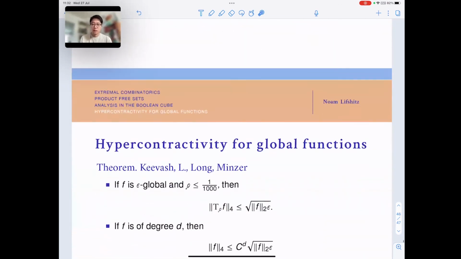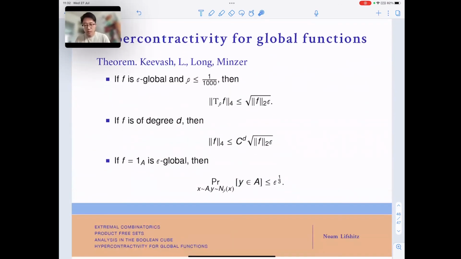And what we prove is that once we assume this globalness notion, then we can get all the consequences we want. So if f is epsilon global, then we get this inequality. If we plug in the two norm of f, we get hypercontractivity, and we get this smoothness notion, where when epsilon is the two norm of f, we're happy.